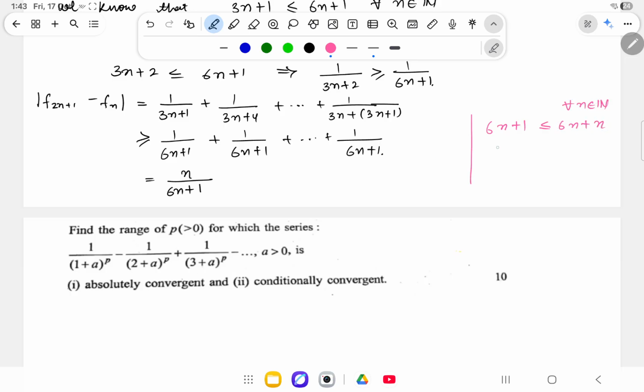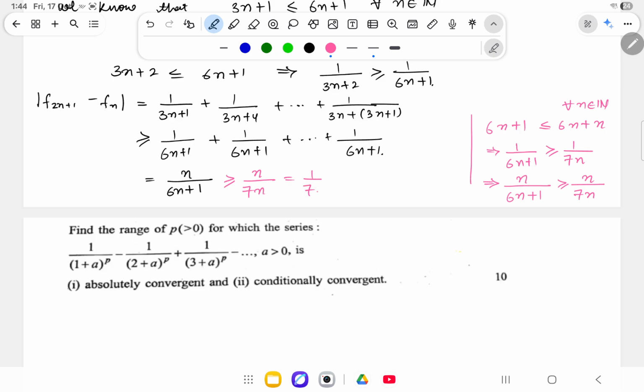So from here what we'll get is 1 by 6n plus 1 will be greater than or equal to 1 by 7n. Let's just multiply by n on both sides, so we'll get n by 6n plus 1 will be greater than or equal to n by 7n. So this term turns out to be greater than n by 7n, which is equal to 1 by 7.